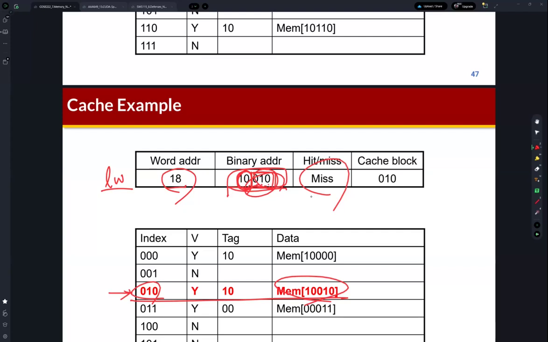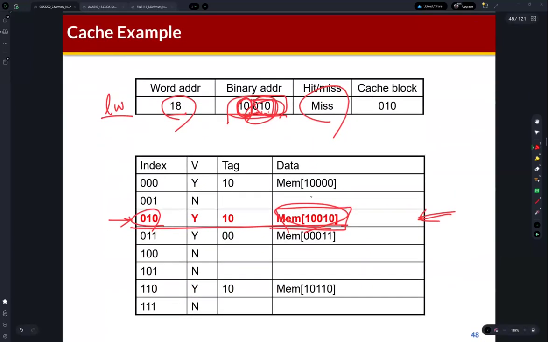But this block includes the existing valid data. So in this case, the original data needs to be removed. So it's replaced, which means that it's evicted from the cache. Then new data is allocated.